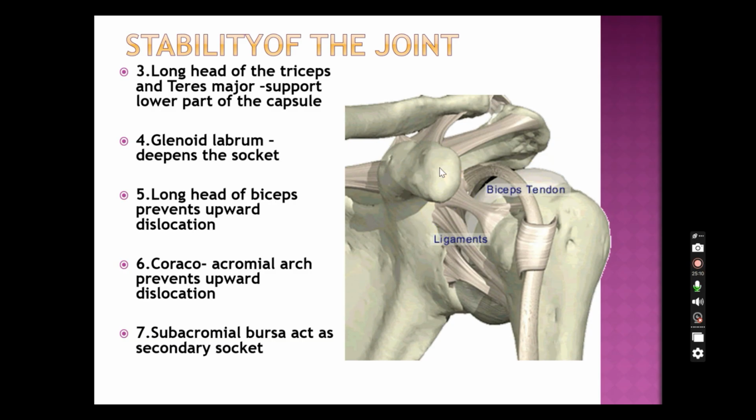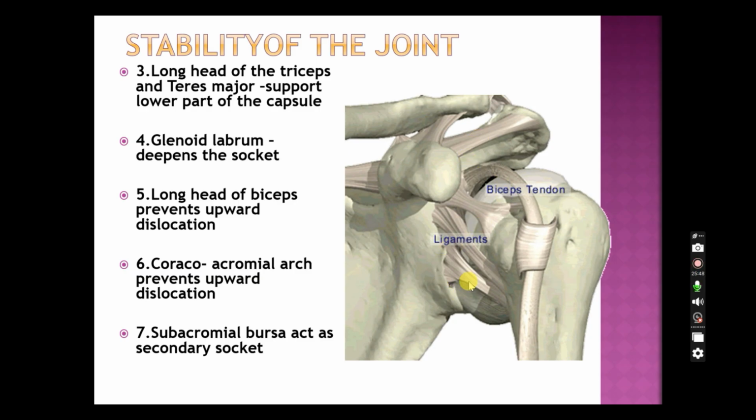In the same fashion, this is the coracoid process, this is the acromial process, and this is the coracoacromial ligament, altogether making the coracoacromial arch. So that is definitely going to prevent the upward dislocation of the head of the humerus. Underneath the coracoacromial arch, we have a bursa. What do we call it? The subacromial bursa, which is the largest of the bursae in our body and acts as a secondary socket for the shoulder joint.